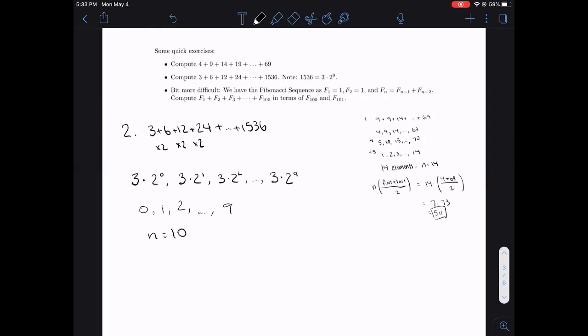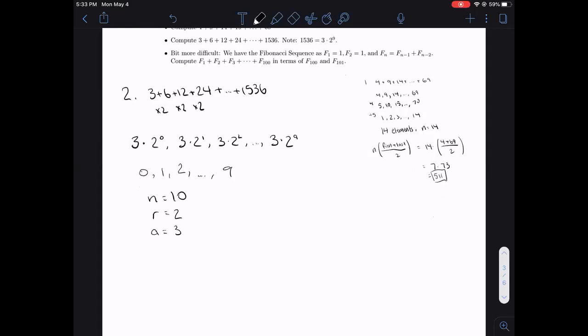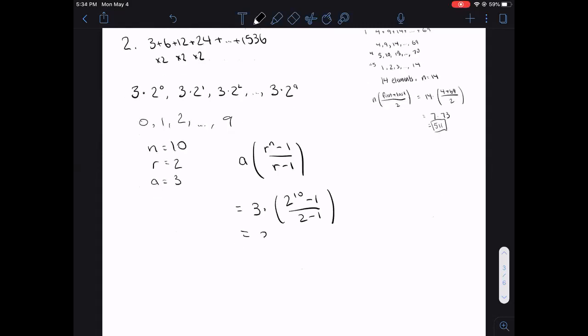And now we just have to use the formula. And also r equals 2, and a equals 3. So we have a times r to the n minus 1, divided by r minus 1. And this is 3 times 2 to the 10 minus 1 over 2 minus 1, which is 3 times 1023.